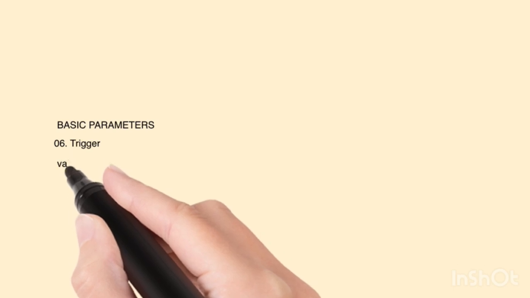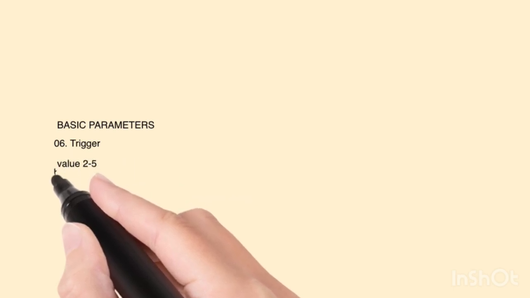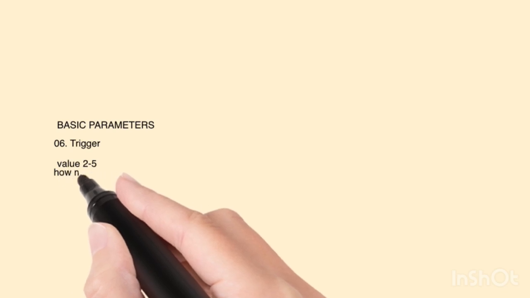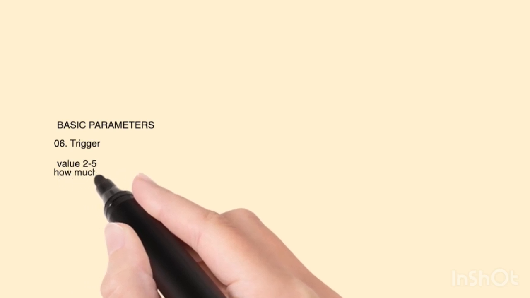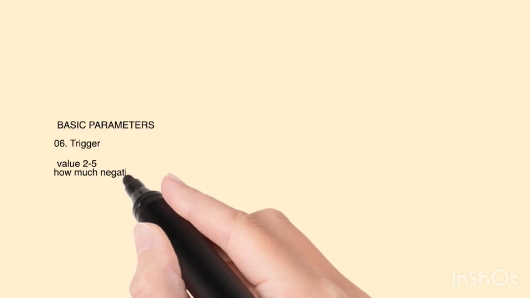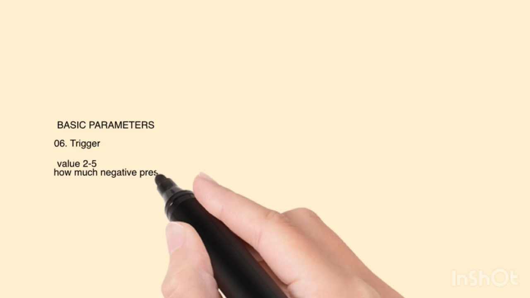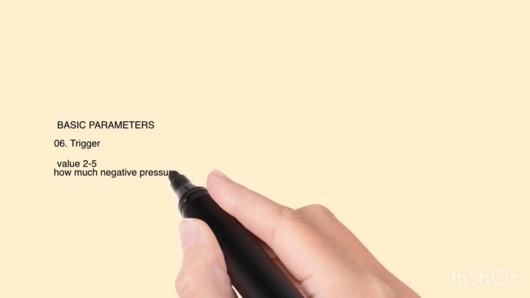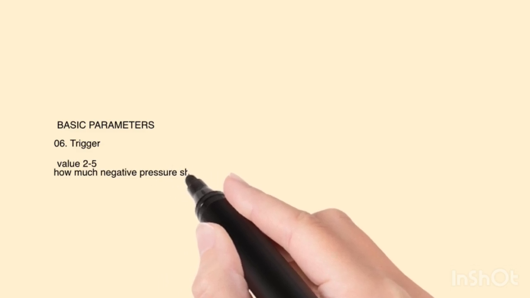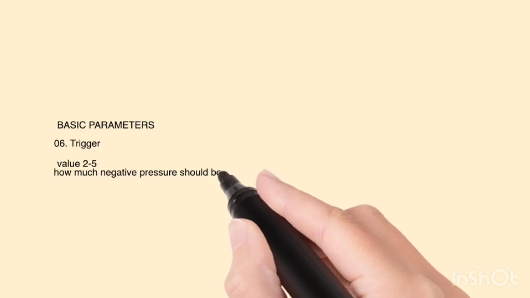What is the trigger? We are now discussing the invasive ventilator, so we are intubating the patient. There will be an ET tube, and the ET tube will be connected to the ventilator through the tubing system. When the patient does inhalation or exhalation, those gases will pass through this tubing system.